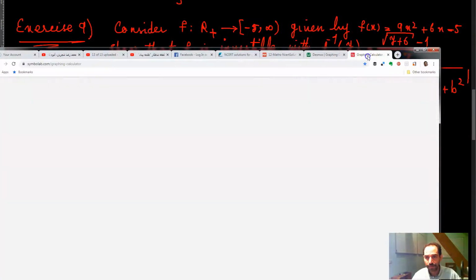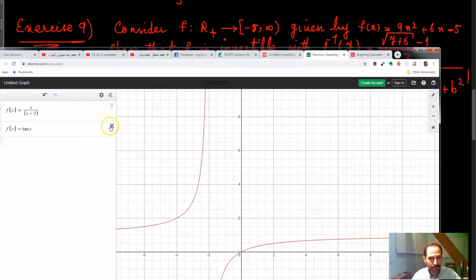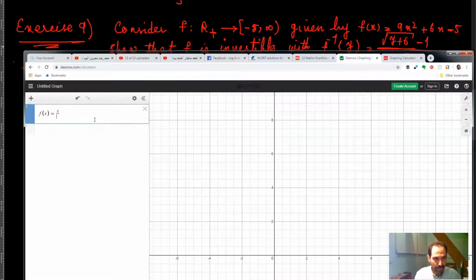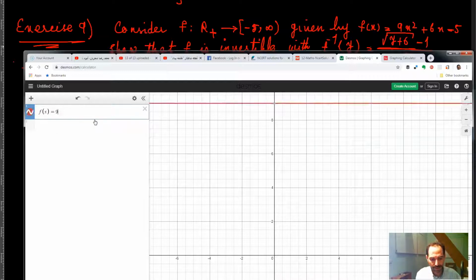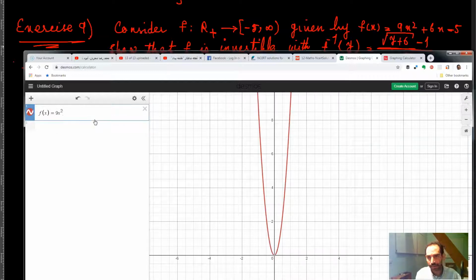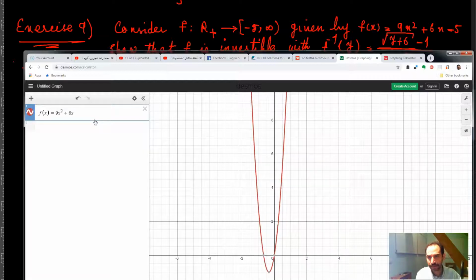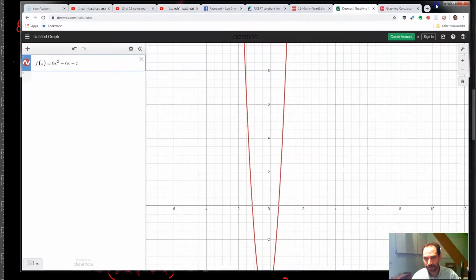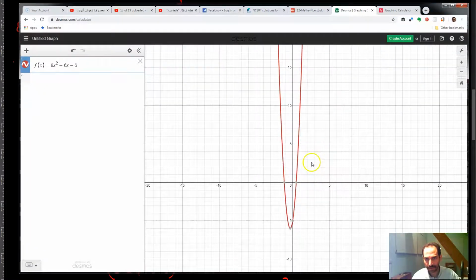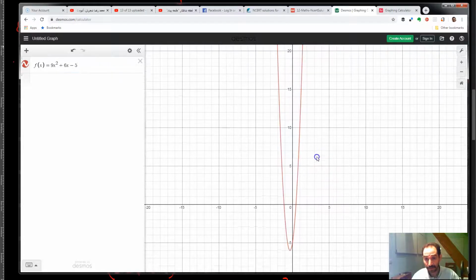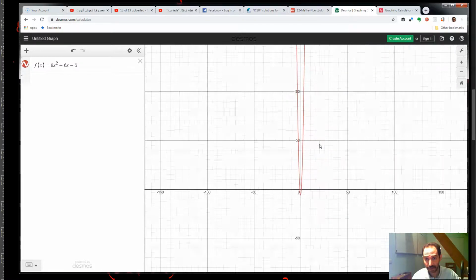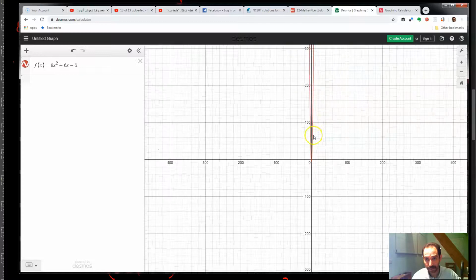But if you graph this function here, for example, 9 times x squared plus 6x minus 5, you can see that your function is basically a function like this, and I do not have any reason to believe that this function is going to be doing anything else except for what it is doing here.